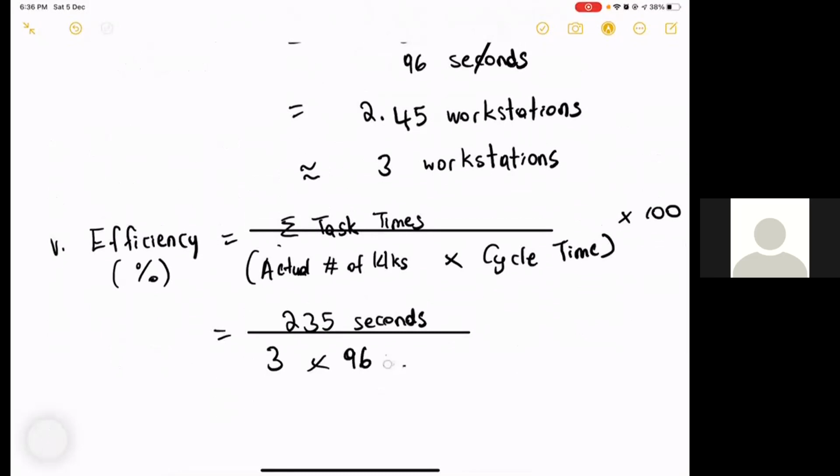And then times 100. I just want to pause here to say that in the event that you get a question and the amount of workstations that you used was over the theoretical minimum.